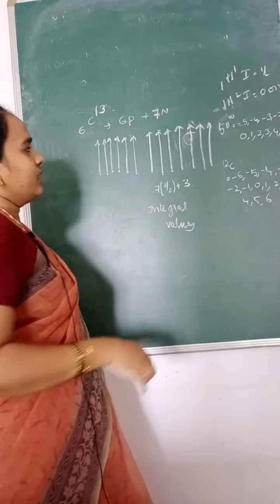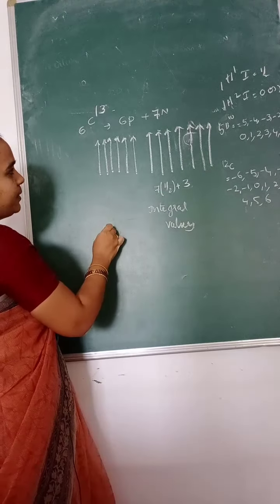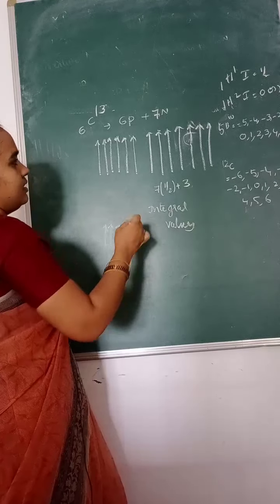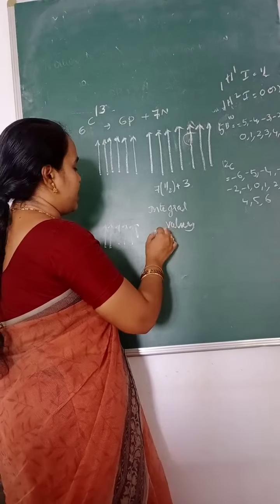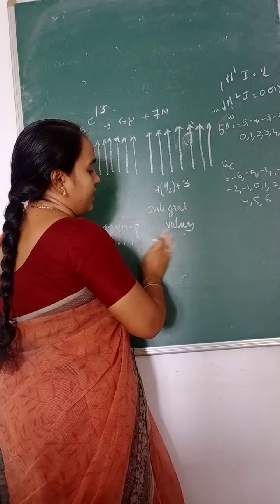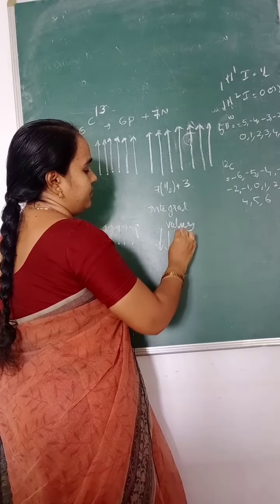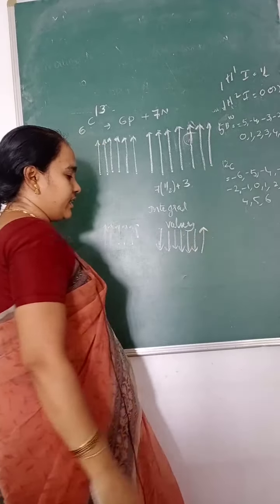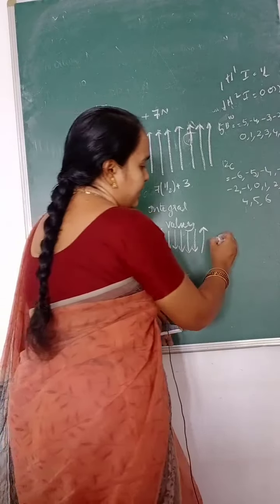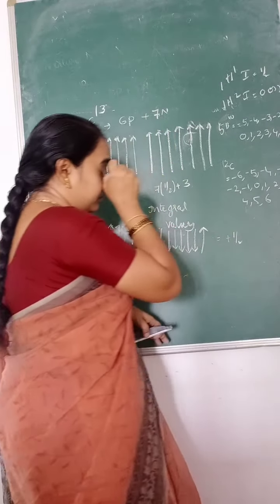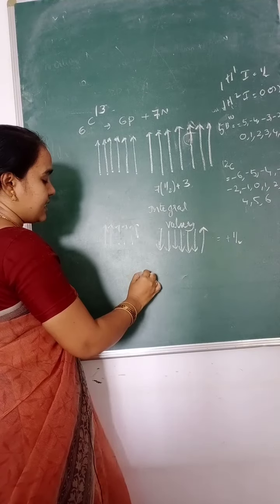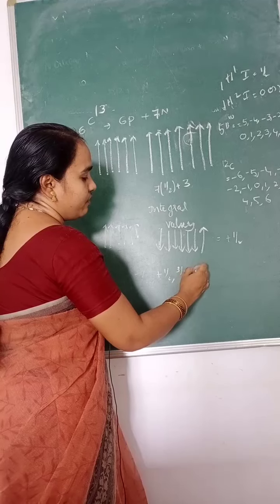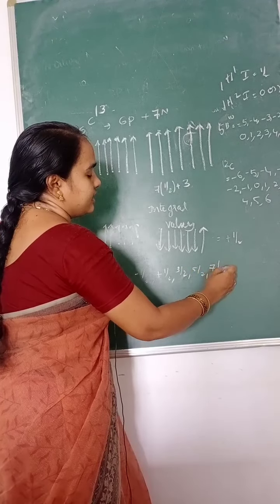If some of the protons are oriented in the upward direction, 6 neutrons are oriented in the downward direction, and 1 neutron is oriented in the upward direction, then the resultant spin is plus half. So we may get minus half, plus half, 3 by 2, 5 by 2, 7 by 2.